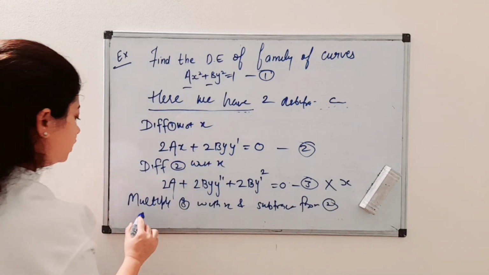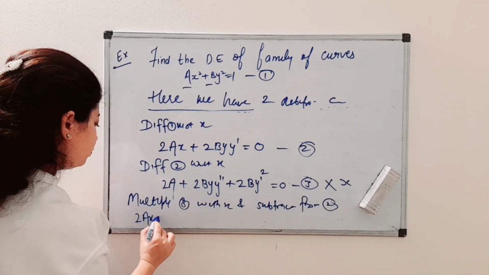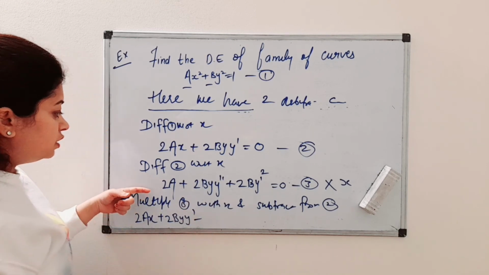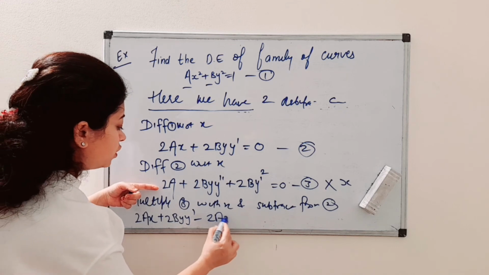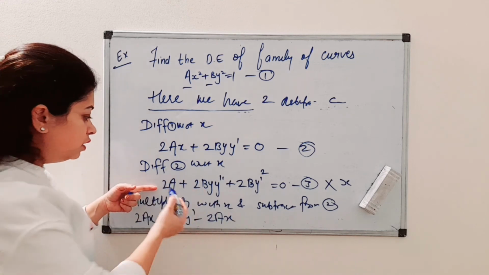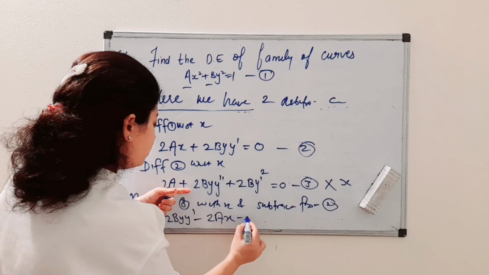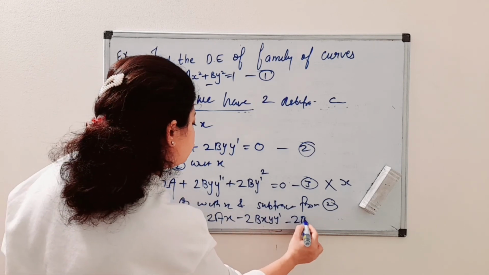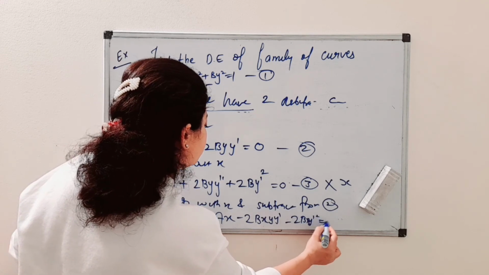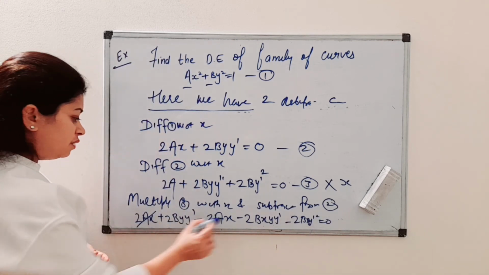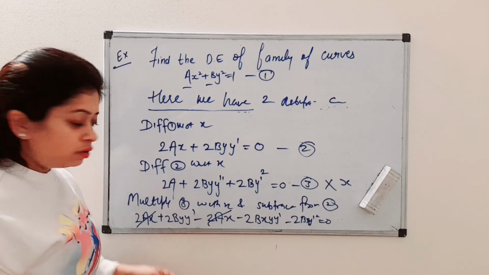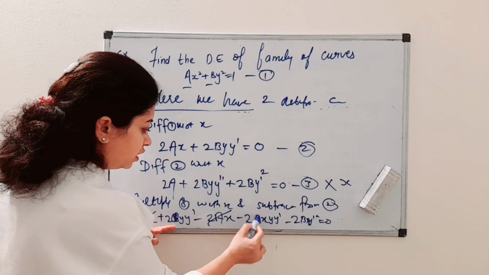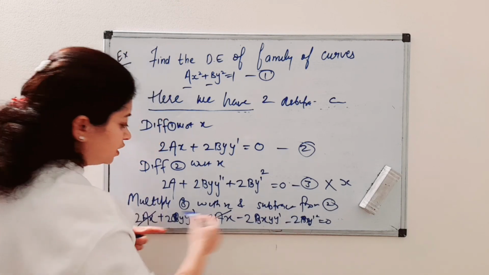It's 2ax + 2byy' - 2ax, we will subtract also and multiply x also, - 2bxyy'' - 2bxy'² = 0. Now this term is cancelled out. a has been removed and we can take b common. b is here, b is here and b is here. We can take it common and it can go to 0.